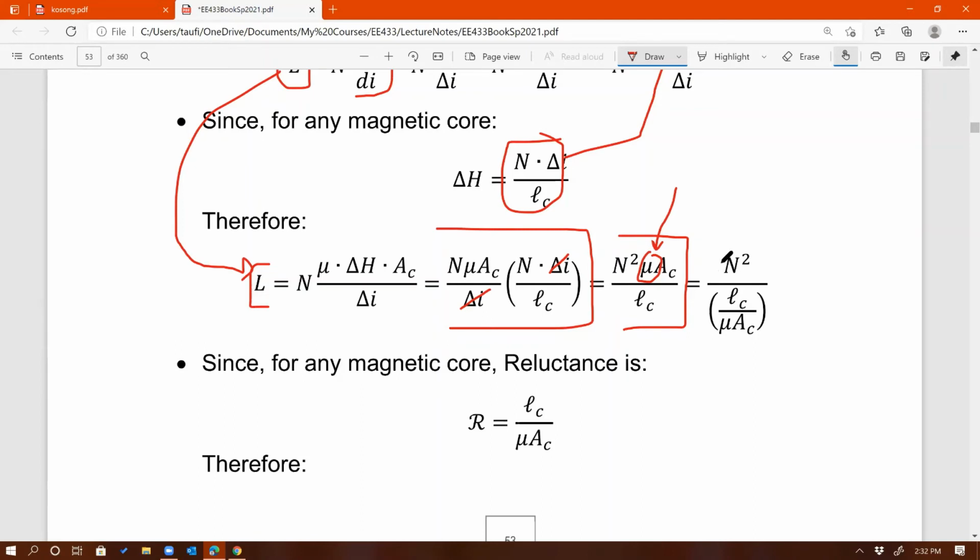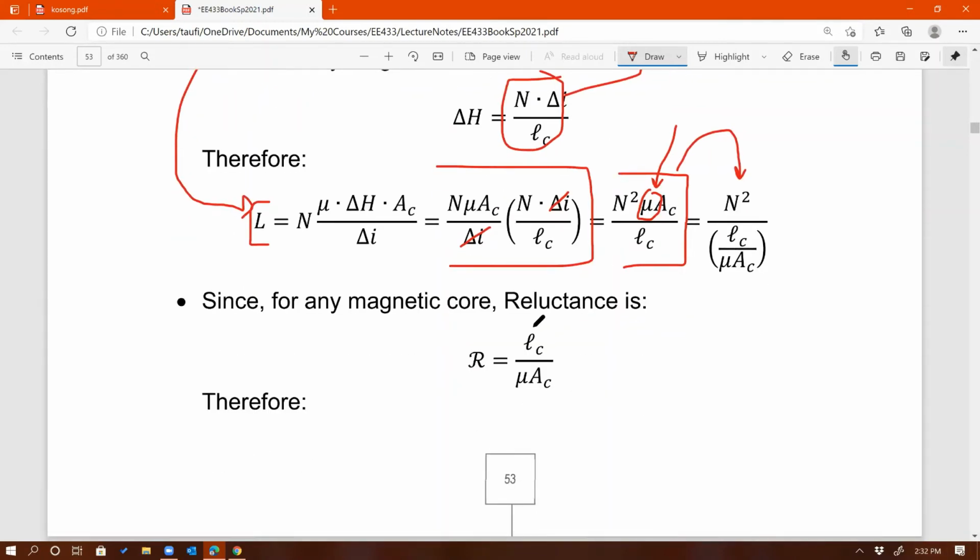Okay. Now I could also simplify that equation into this one right here. It's not simplified yet, but if you rewrite the equation this way, then I know that L over mu A is none other than the reluctance of the core.